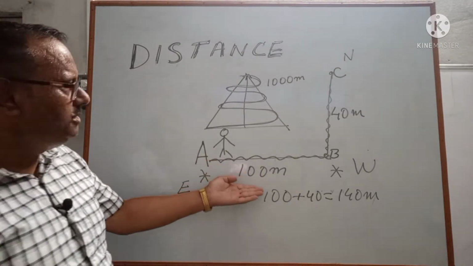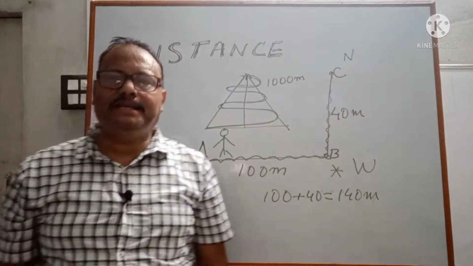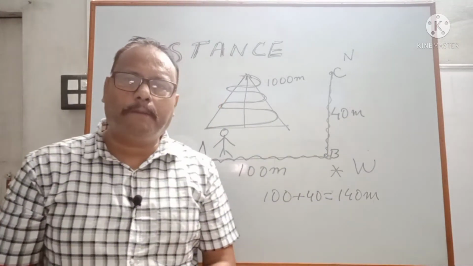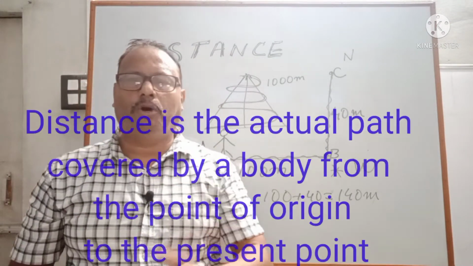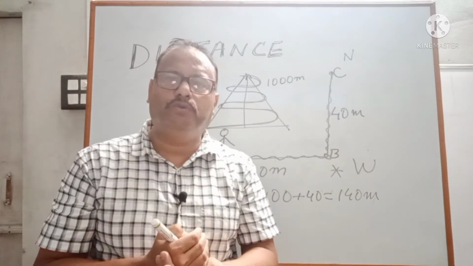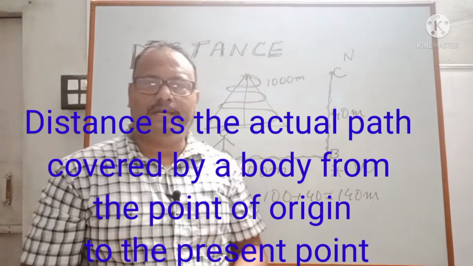Here in one case 100 meters, here in another case 1000 meters, here in another case 40 meters. So what is exactly distance? Distance can be defined as the actual path covered by a moving body from the point of origin to the point where it has reached.